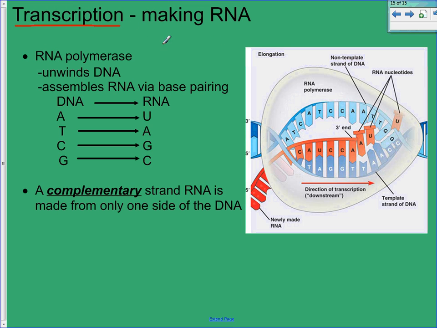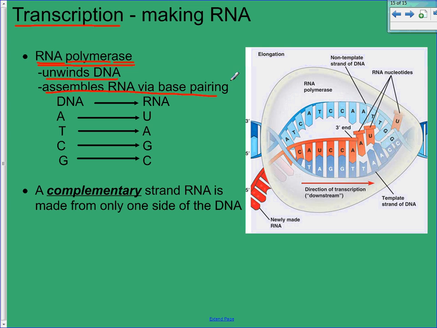What RNA polymerase does is it unwinds the DNA and then it assembles RNA by doing this base pairing. But here's one little nuance. Because we don't have any T's in RNA, any place we have an A in the DNA, we base pair that to a U in the RNA. Otherwise, everything else is the same.